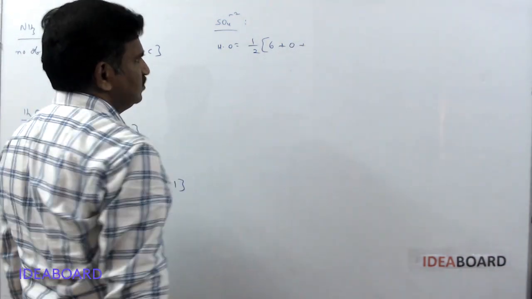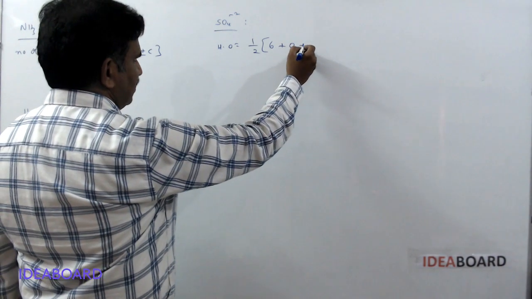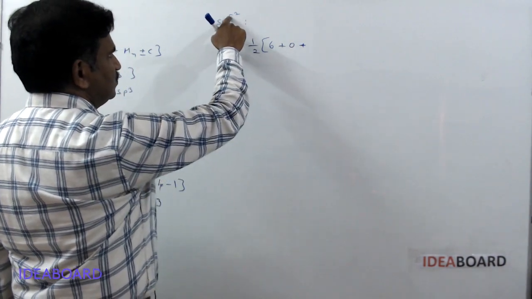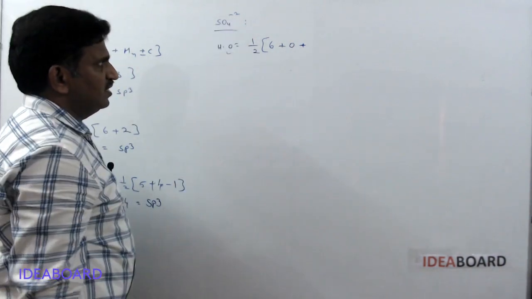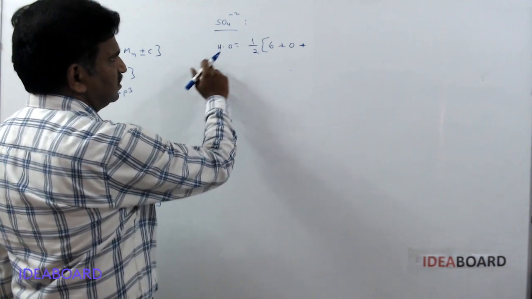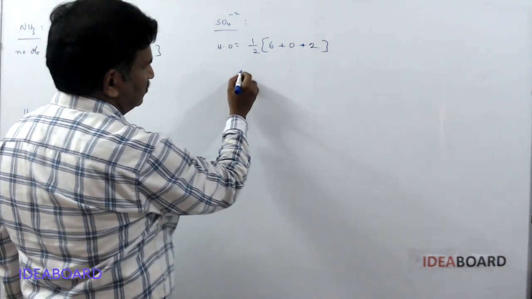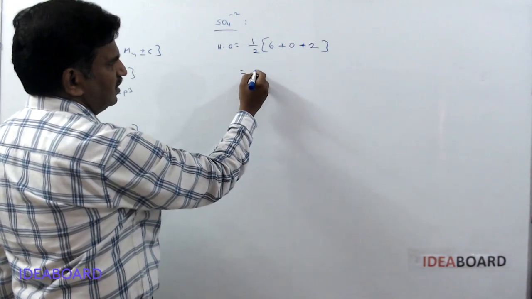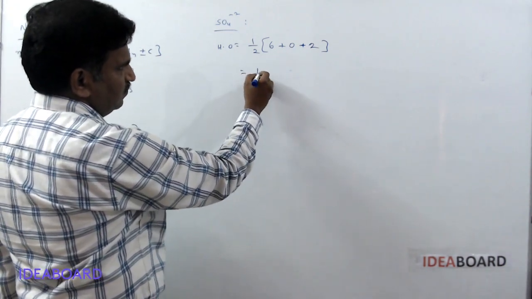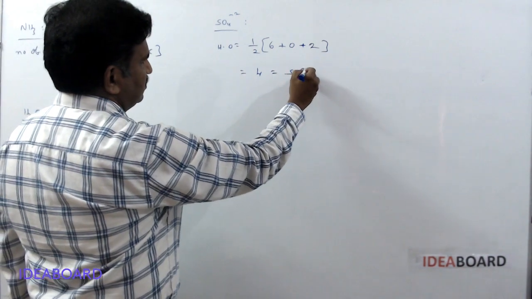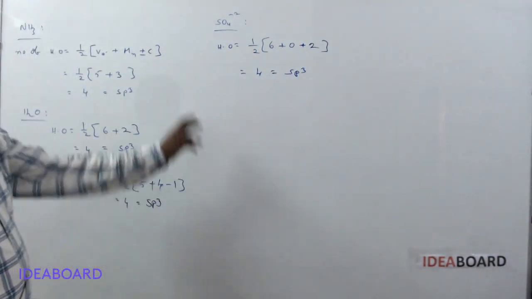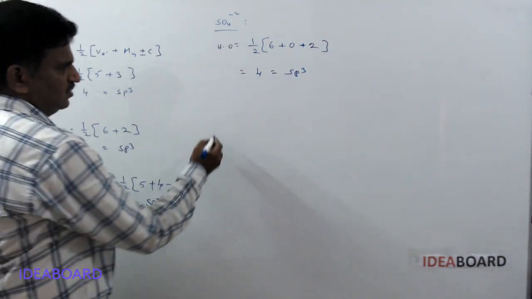Monovalent atoms number is 0, and plus we are writing, why plus? Because it is a negatively charged species, so minus 2. So we are adding 2 electrons. So 6 plus 2 means 8 by 2. 8 by 2 means it is 4. 4 again is sp3. So SO4 minus 2 has sp3 hybridization.